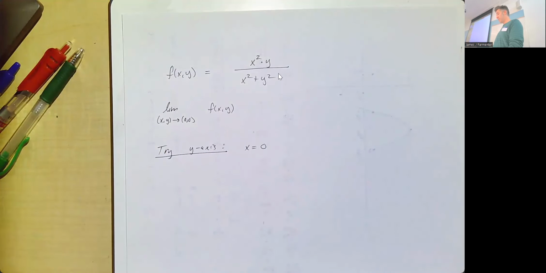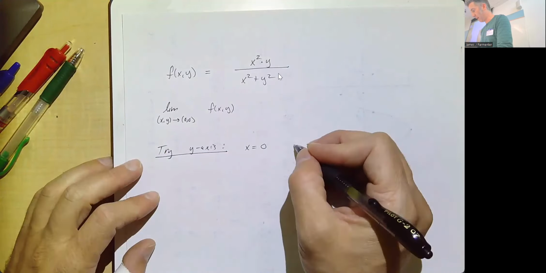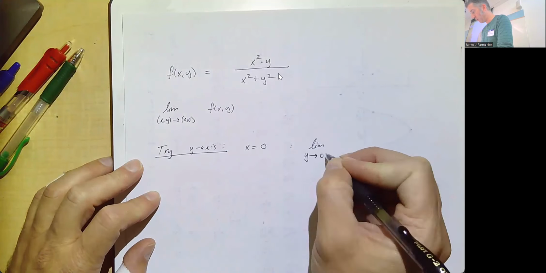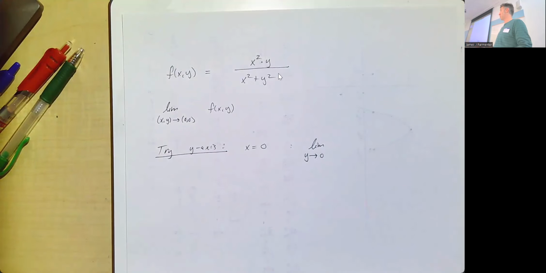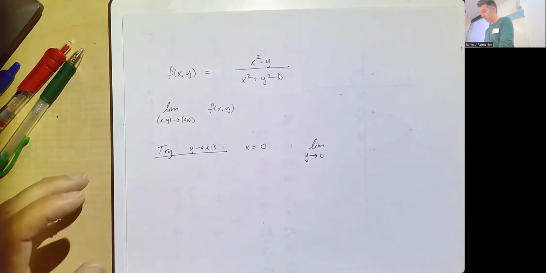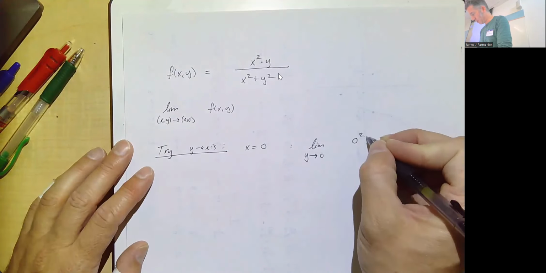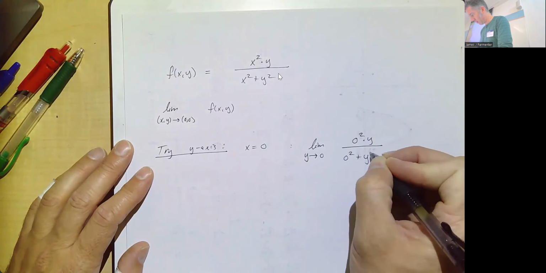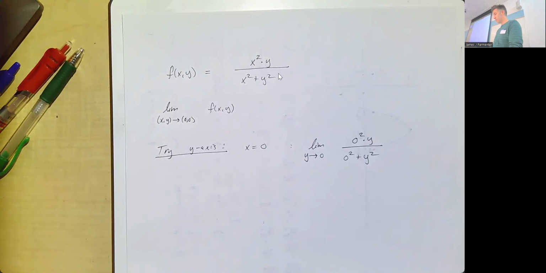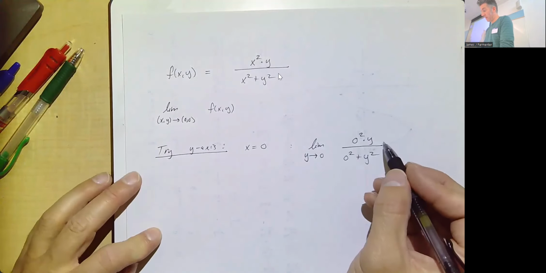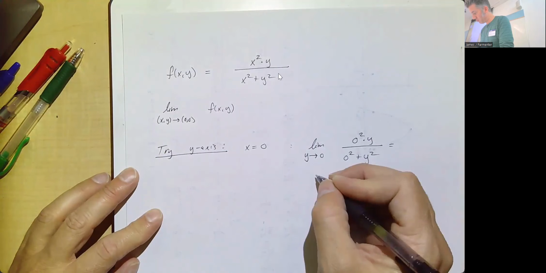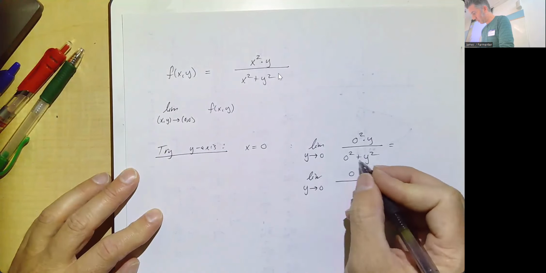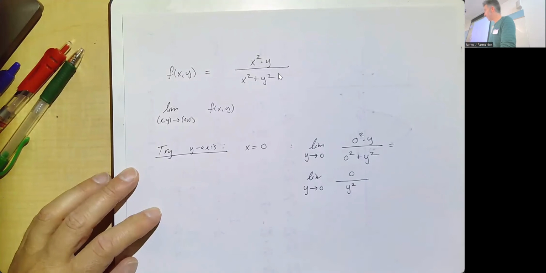So if I try this path, we're going to find the limit as y approaches 0, and we don't need to write x approaching 0 because x already is 0, of 0 squared times y over 0 squared plus y squared. 0 squared times y is just 0. So I still write the limit. And 0 squared plus y squared is y squared.